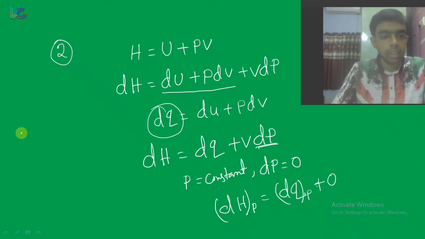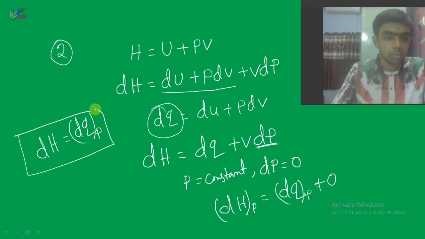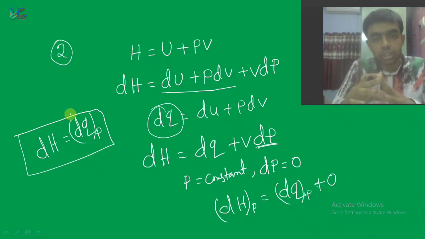That means dH is equal to dq at constant P. That means heat taken by the system at constant pressure is equal to change in enthalpy.